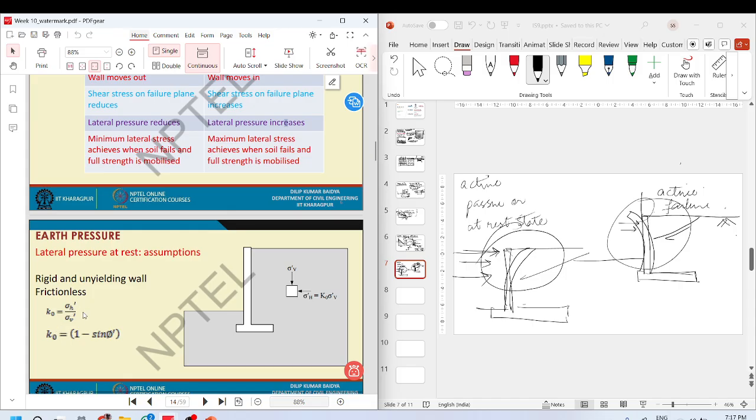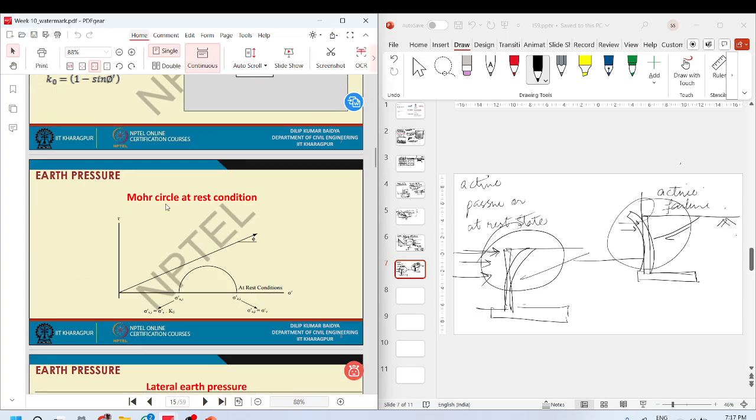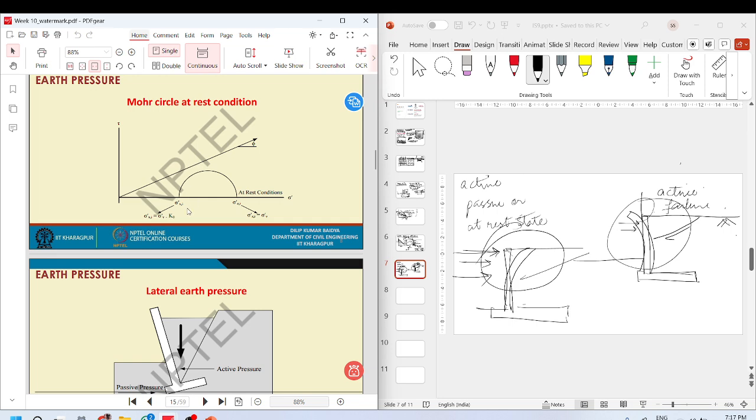K naught is just sigma h over sigma v, and it can be given as 1 minus sine phi, at rest condition.